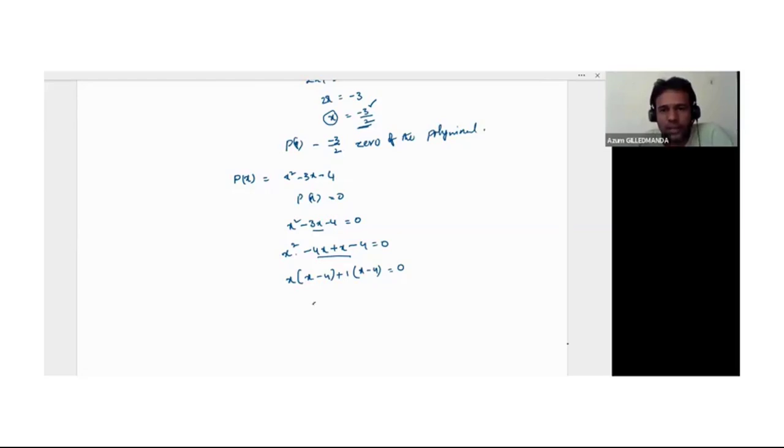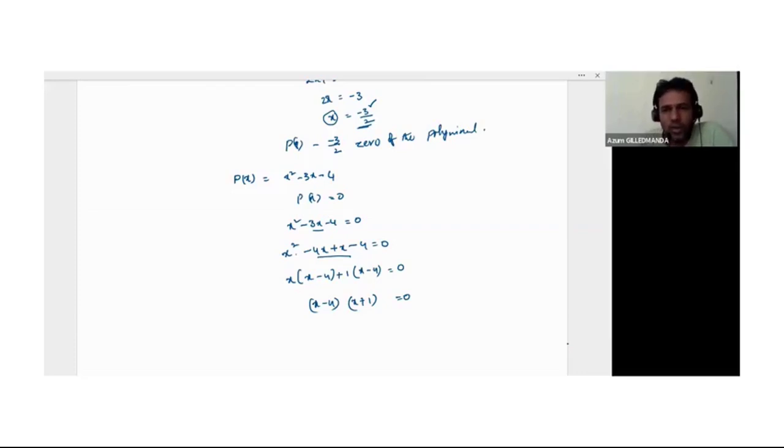So now, I am taking x minus 4 common, and then I am also writing the remaining value as x plus 1. So here, the quadratic polynomial x square minus 3x minus 4, I have split into two factors, x minus 4 into x plus 1. If I multiply that, I'll get x square minus 3x minus 4.